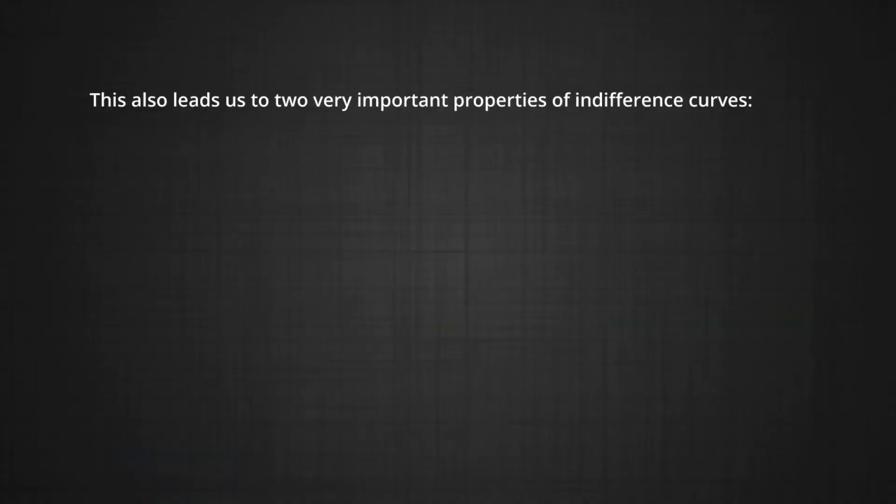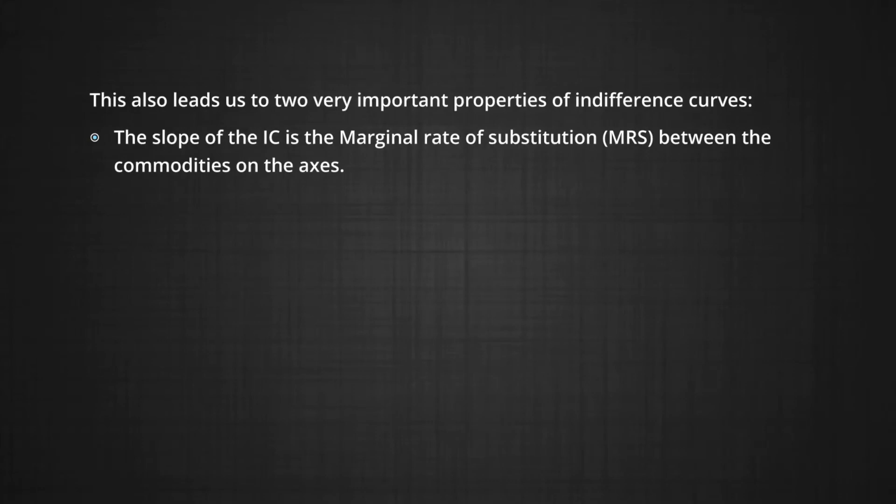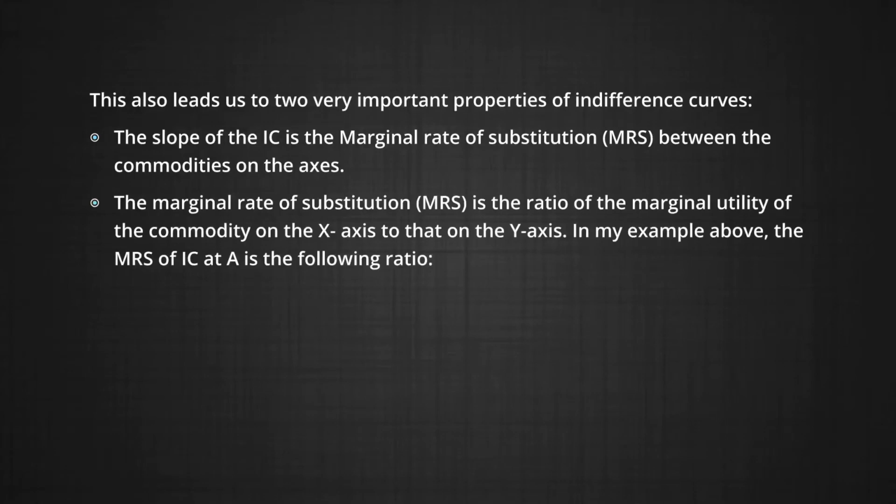This also leads us to 2 very important properties of indifference curves. One, the slope of the indifference curve is the marginal rate of substitution between the commodities on the axes. The marginal rate of substitution is the ratio of the marginal utility of the commodity on the x-axis to the marginal utility of the commodity on the y-axis.